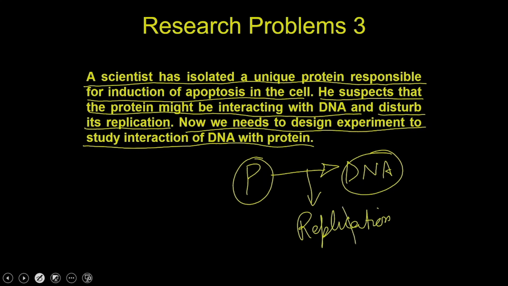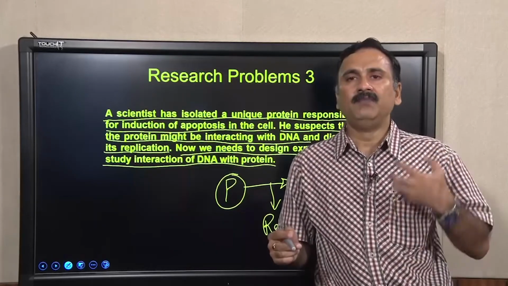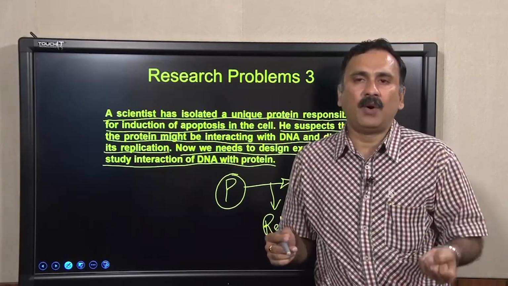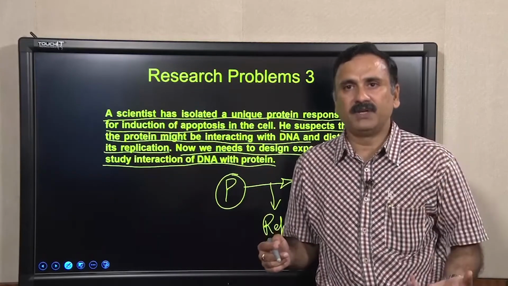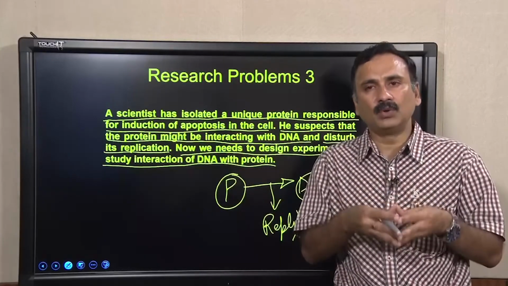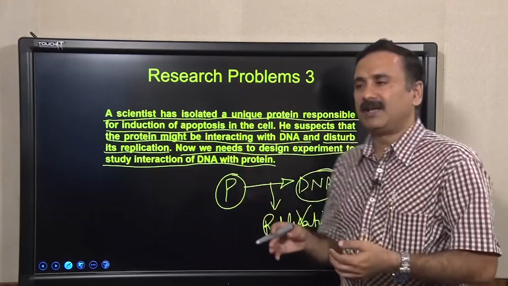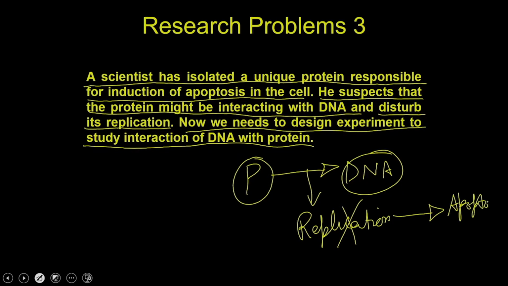And once you are interfering with the replication, the genomic DNA of that organism cannot be synthesized. As a result, the cell will have no option but to go for the apoptotic pathway, where the cell is going to stop its growth and go through the death pathway. So, ultimately it will go for apoptosis.